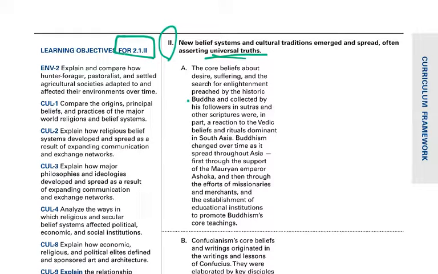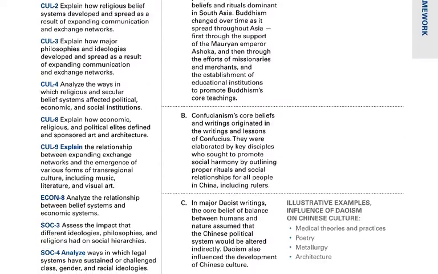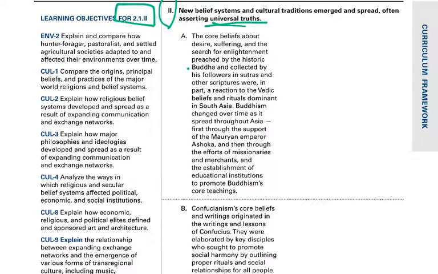Whereas the new religions of Buddhism and Christianity will have universal truths assigned to them, which is interesting because, of course, we know Buddhism is an offshoot of Hinduism, much like Christianity is a derivation of Judaism. So if you ever want to make that connection, we have Hinduism and Judaism, both ancient religions, starting some of our earliest ones from period 1. Well, they weren't from period 1, but they start in period 1, they move on to period 2.